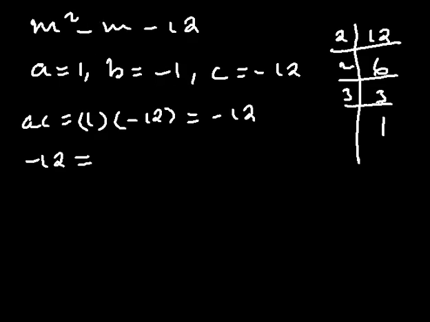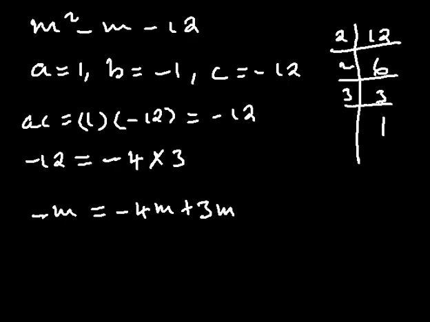So let's be thinking of negative 12. This is the same as negative 4 times 3. In fact, this is the pair that you can choose. So having negative m is the same as having negative 4m plus 3m.